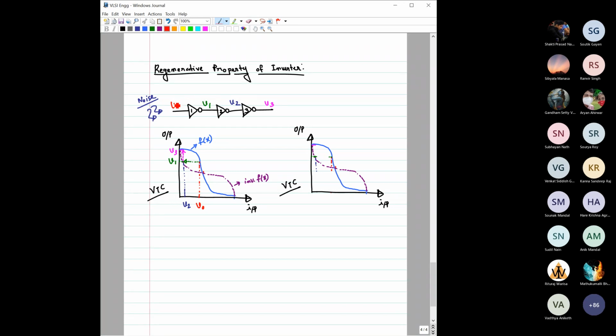And here the input was V naught. Say we do not know how this inverter was made as of now, so we are assuming that the VTC of the inverter would be something like this. This is the output voltage versus input voltage, and the VTC of the inverter is something like this.